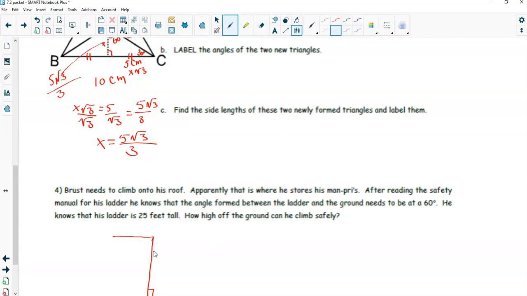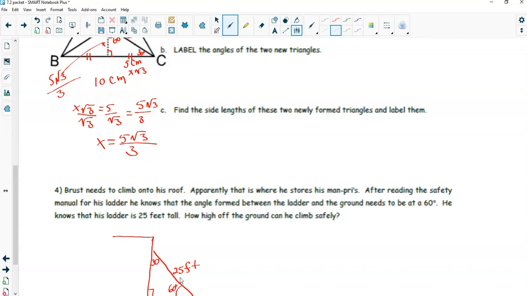The ladder happens to be 25 feet. Okay? That's the hypotenuse. And this says angle formed between the ladder and the ground. This is the ground, is 60 degrees. So this is 30.